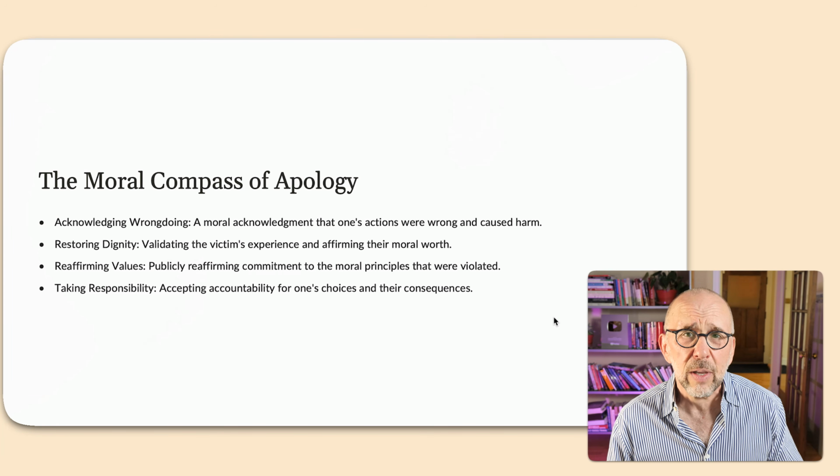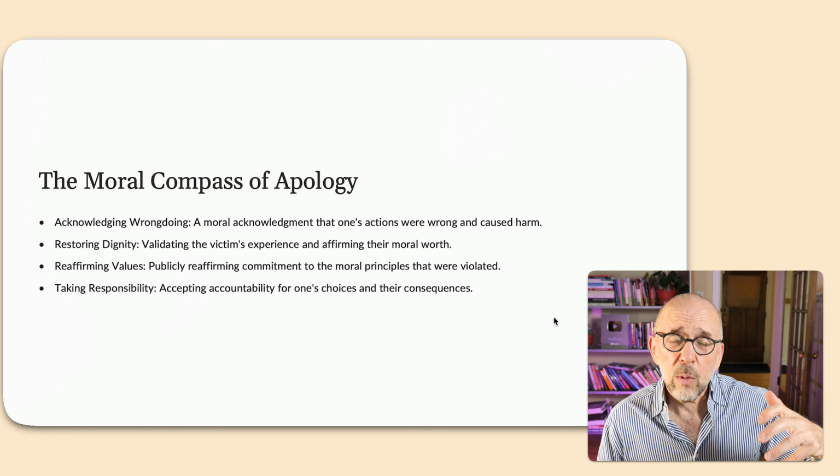You are a person whose moral rights I don't have to respect. That is, someone with dignity deserves not to be lied to, deserves not to be cheated, deserves not to be stolen from, etc. And when you lie or cheat or steal, one of the things you've indirectly communicated to the other person is, I don't have to respect your moral norms. You're not really a full-fledged person. So the apology reaffirms a person's moral worth.